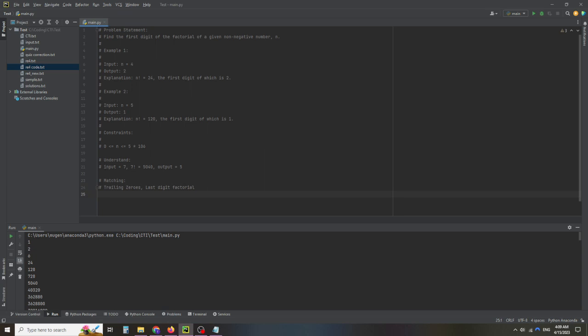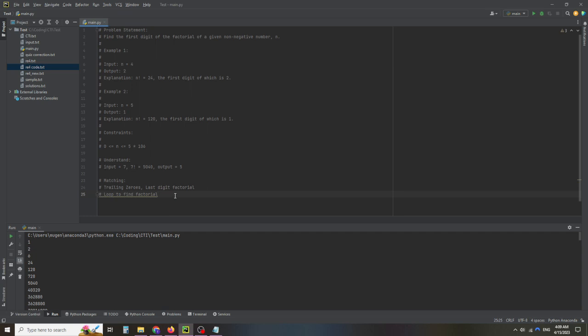I'll definitely need a loop to find the actual factorial. What else do I need? Oh, and not just the loop to find the factorial, but also a loop to reduce the number all the way to the most significant number, I guess.